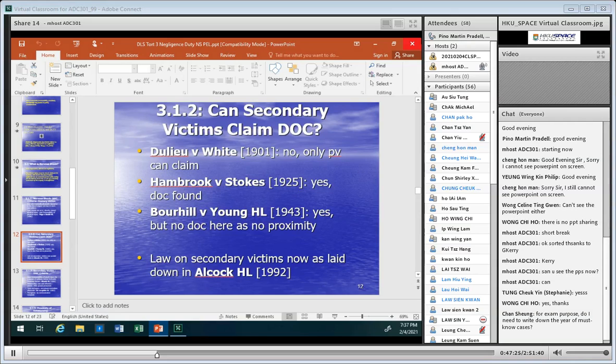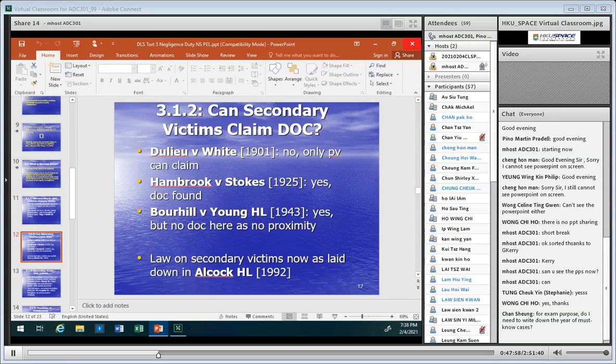So in Dulieu and White, a secondary victim couldn't claim at all, even if there was proximity. Hambrook and Stokes, a secondary victim can claim, but you've got to prove proximity. And in Hambrook and Stokes, the lady concerned was able to prove sufficient proximity of relationship and the other elements of proximity, time and space, and perception. So in Hambrook and Stokes, the court did find that there was a duty of care.